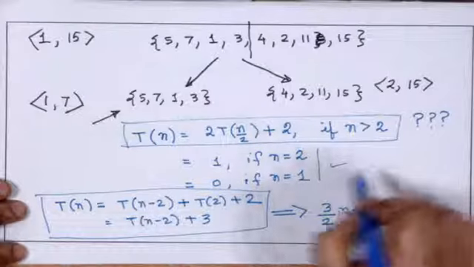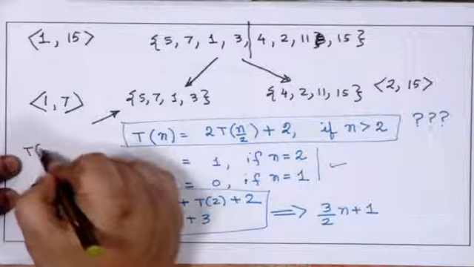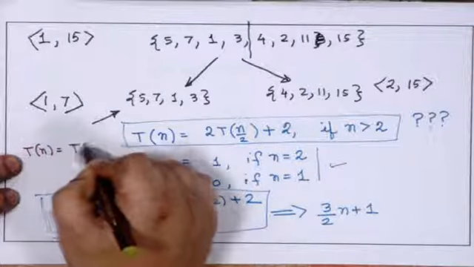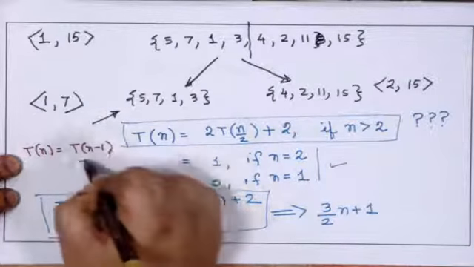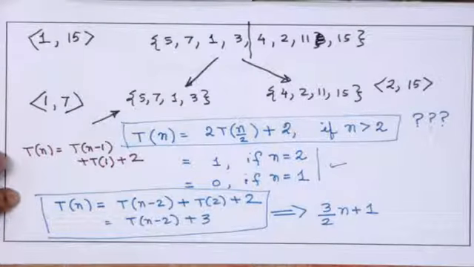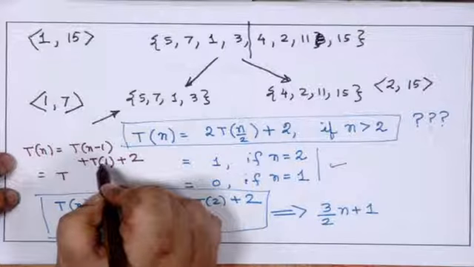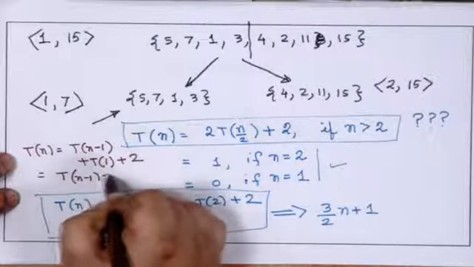On the other hand, if we had split it as T n equals T n minus 1 plus T 1 plus 2, then T 1 is 0, so T n minus 1 plus 2.